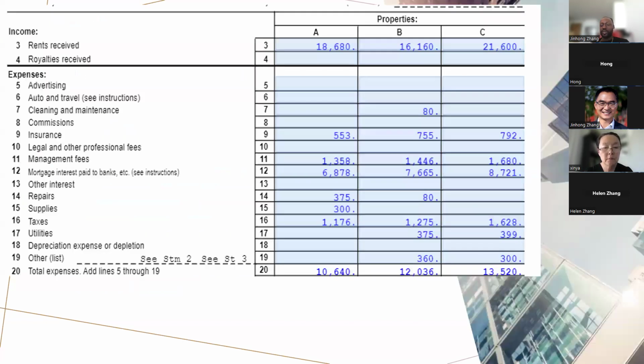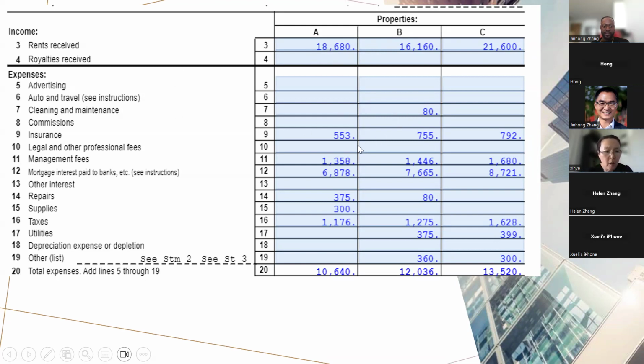So we're going to look at an example. This is an example of a person that has residential rental real estate. This is the Schedule E, which is part of the 1040. You see the rents received.